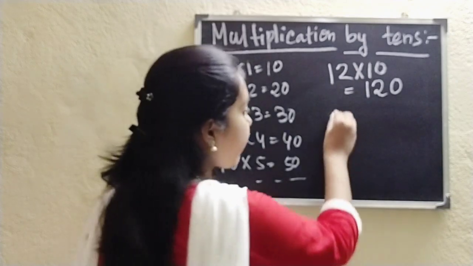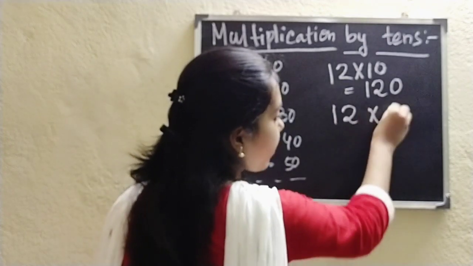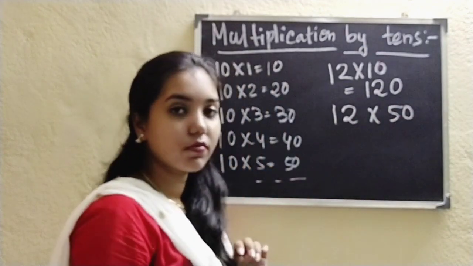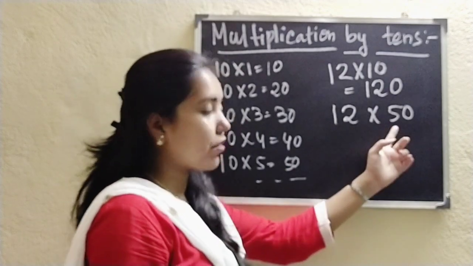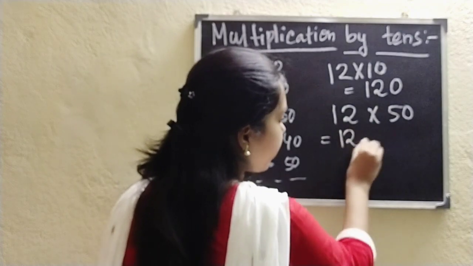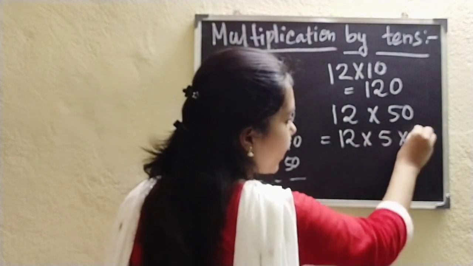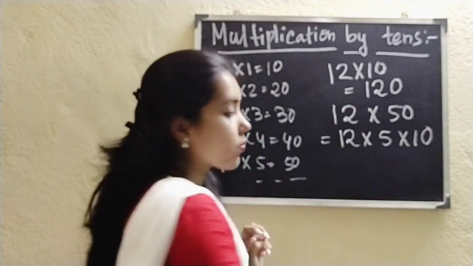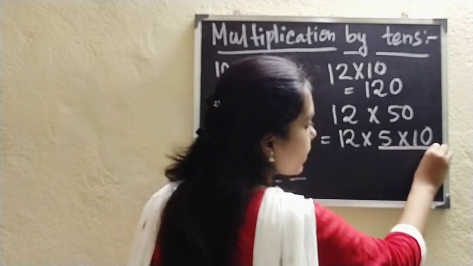Now, how can we find the product of 12 and 50? Here, we group 50 as 5 into 10, like 12 into 5 into 10. 5 into 10 means 50.